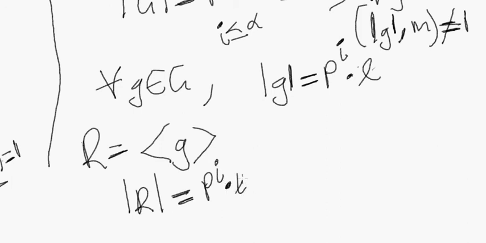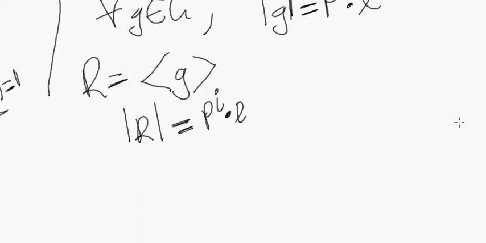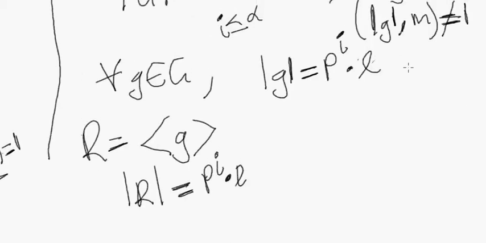And the other thing we're noticing here is that l divides m, l is a divisor of m, and l can't just be 1, because the order of g and m is not 1. They have more in common than just 1. So l can't equal 1.